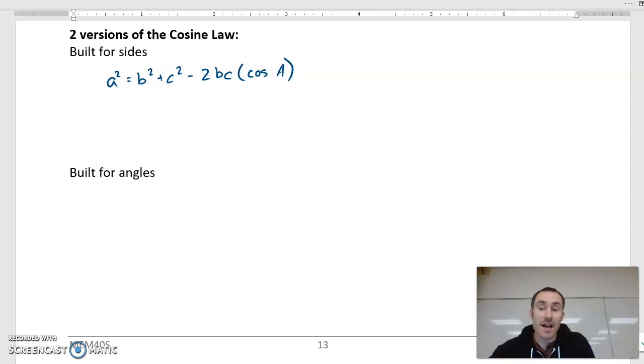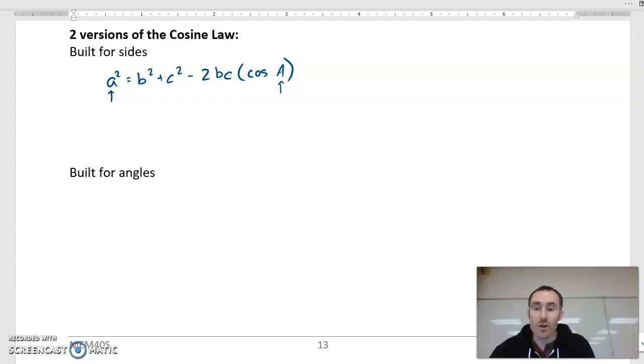So if your missing side is side A, then your cosine of your angle should be angle A. Okay, that's important. The other pieces to this equation are just the other two sides, b and c. If you rearrange this to be starting with a different letter, we would do the same thing.